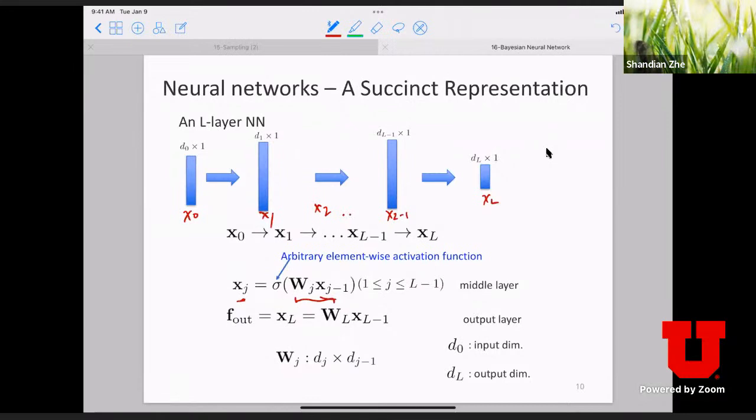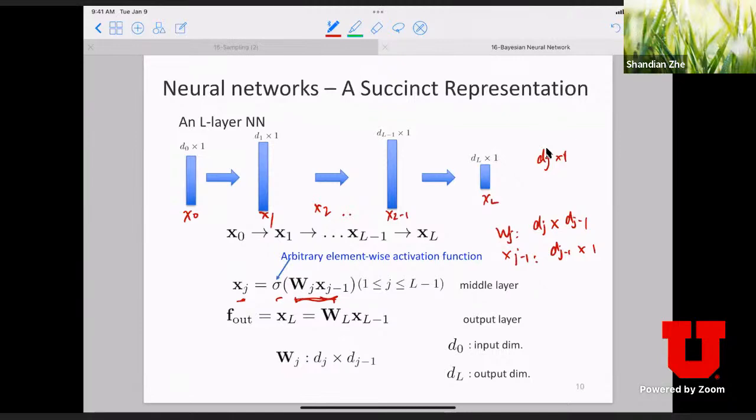So you can imagine Wj will be of size dj times dj minus 1. And xj minus 1, as we just defined, has dimension dj minus 1 times 1. So you multiply Wj and xj minus 1, it will give you a vector of dj times 1. And then we perform a nonlinear activation function.